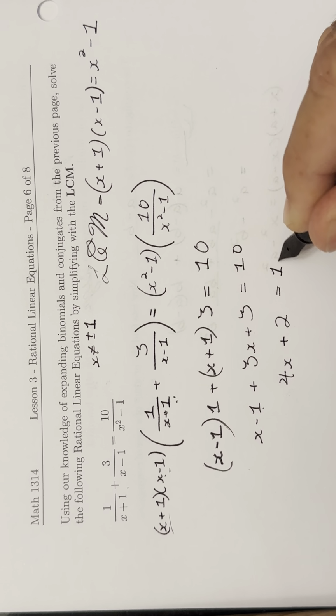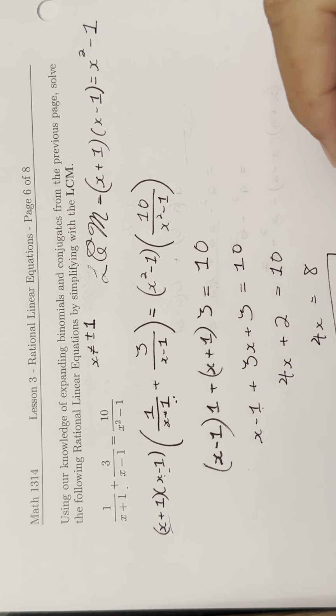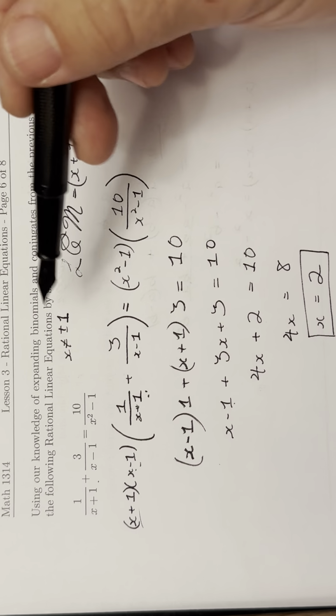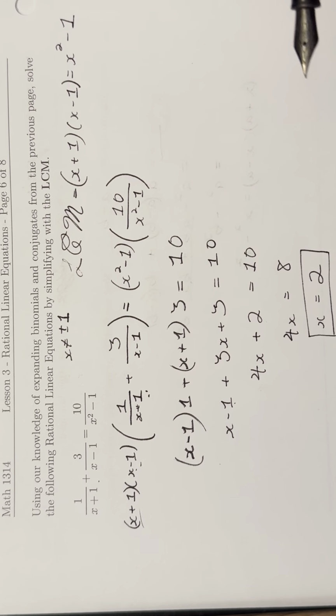Right-hand side is still 10. Subtract 2 from both sides, and we have 8 divided by 4, and we will have an answer of 2. And I can box that because 2 is an allowed answer, right? It does not match our forbidden numbers of positive or negative 1. So 2 is perfectly fine.